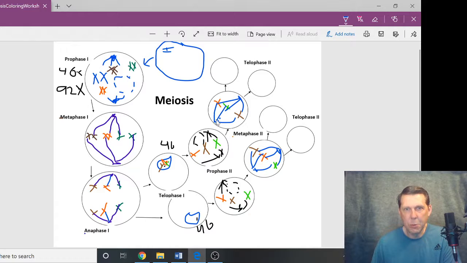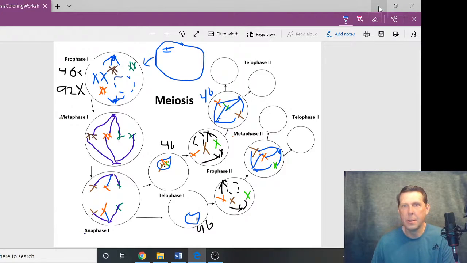This one's going to get pulled away here. So this orange one's going to split. And it's going to be half of it going this way, half of it going that way. So if this has 46 chromatid, in Anaphase II, you're going to see half of the chromosomes going this way and half going that way.